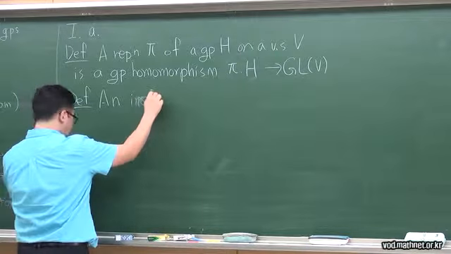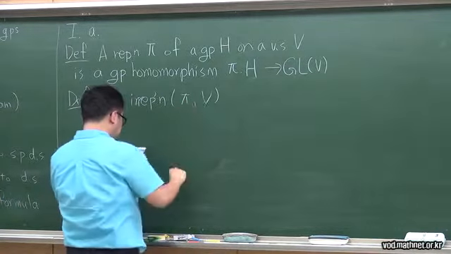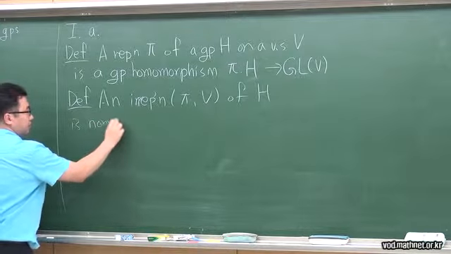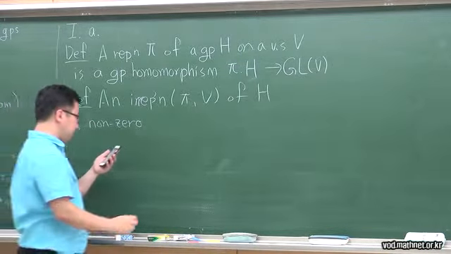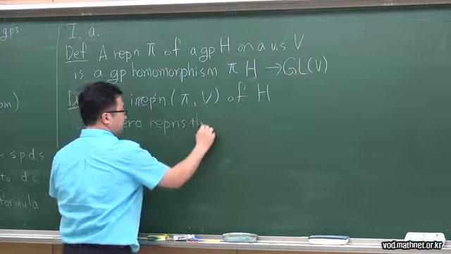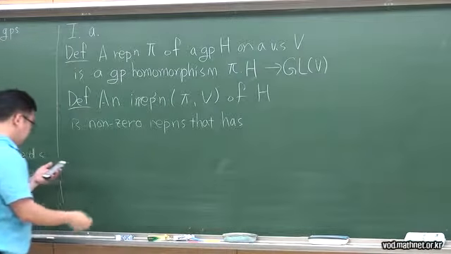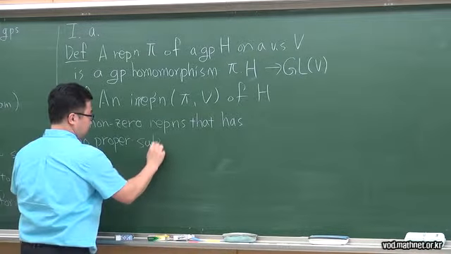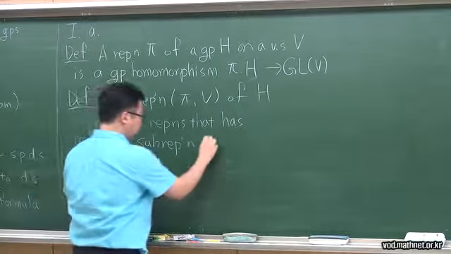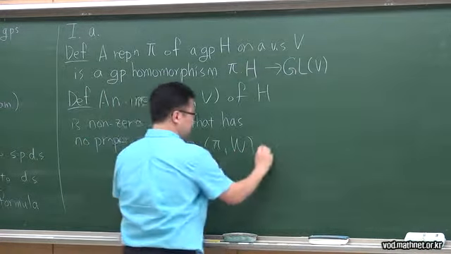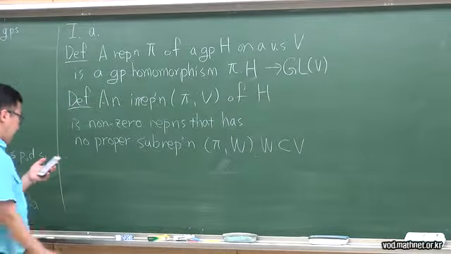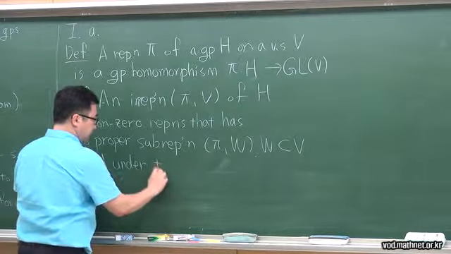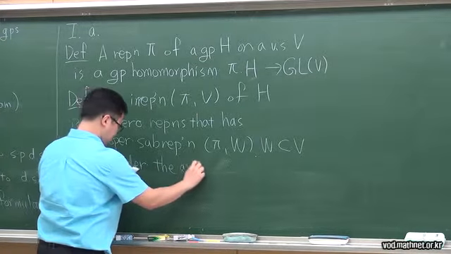An irreducible representation of H is a non-zero representation that has no proper subrepresentations, that is, no proper subspace W of V closed under the action of pi(G).